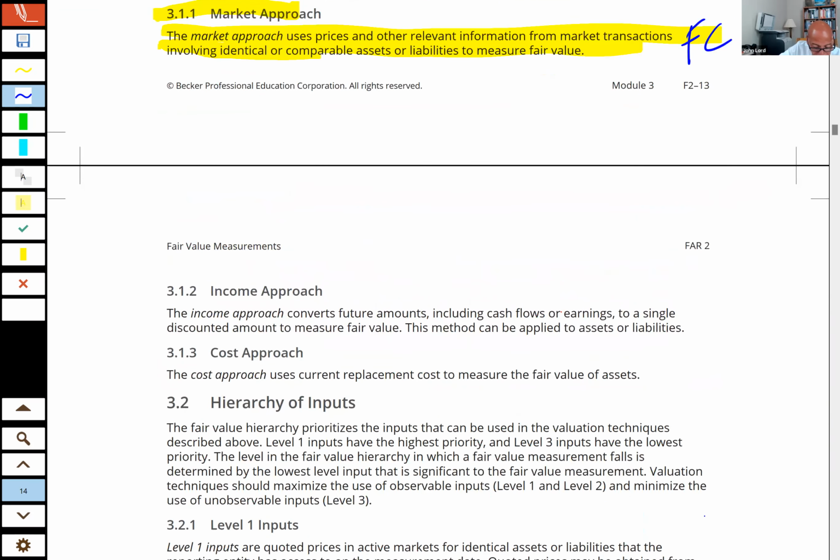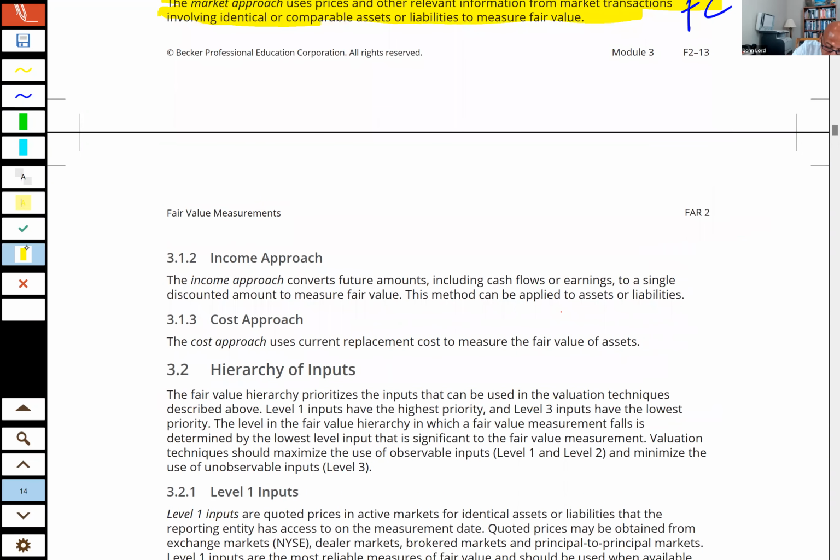Under the income approach, they figure out what would be the income that can be generated by this asset, and then they discount those amounts to come up with a fair value for that asset. This would probably be more used if you're trying to acquire a business.